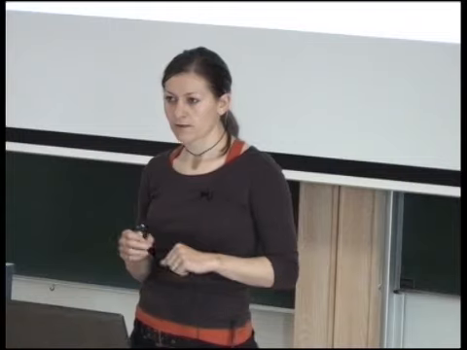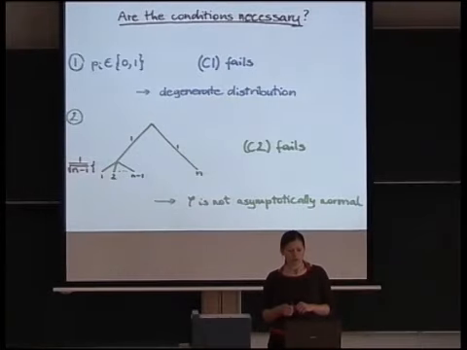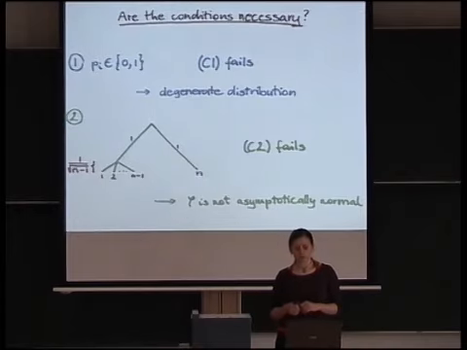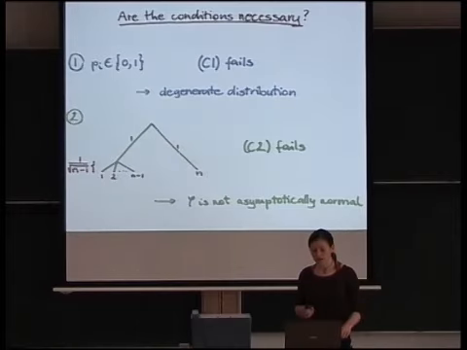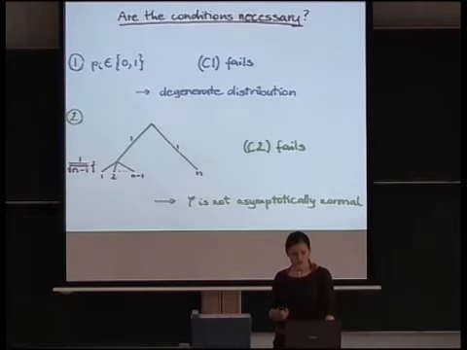We assume one more thing, namely that survival probabilities are the same, so each species has the same probability of surviving, and this value is strictly between 0 and 1. It can be seen that the sequence of the random variables does not converge to the normal distribution. And since in this example the first condition is satisfied but the second one fails, we see that the second condition can't be dropped completely either.